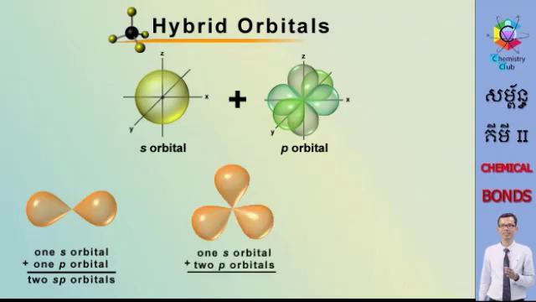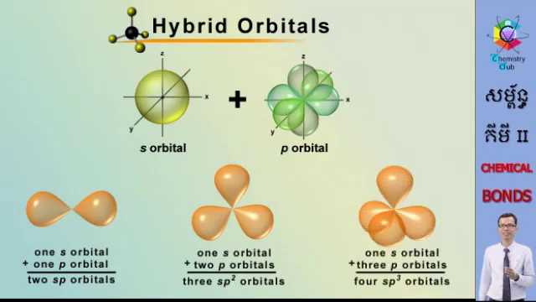When an s orbital and 2 p orbitals hybridize, 3 orbitals, called sp2 orbitals, are created. When an s orbital and all 3 p orbitals are hybridized, 4 orbitals, called sp3 orbitals, are created. The superscript indicates the number of orbitals of that type involved. Where there is no superscript, it is understood that only 1 orbital of that type is involved.